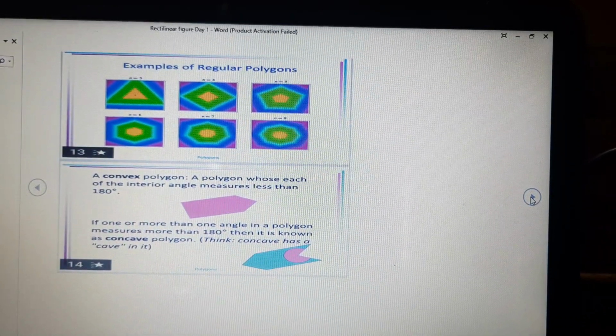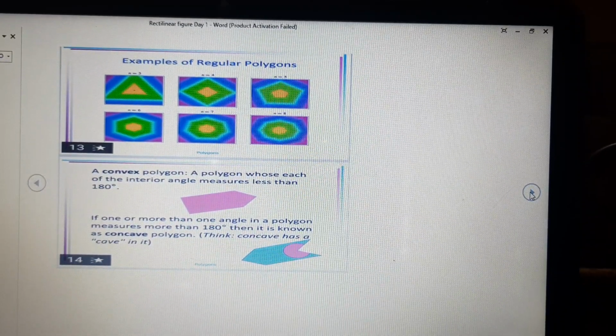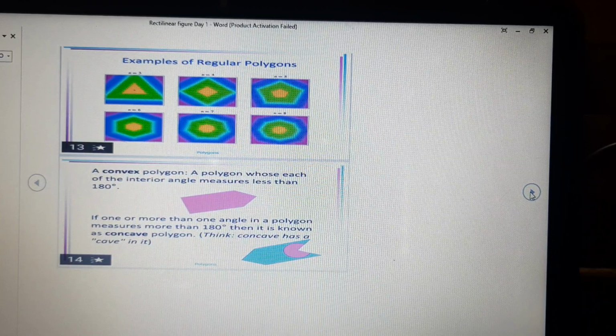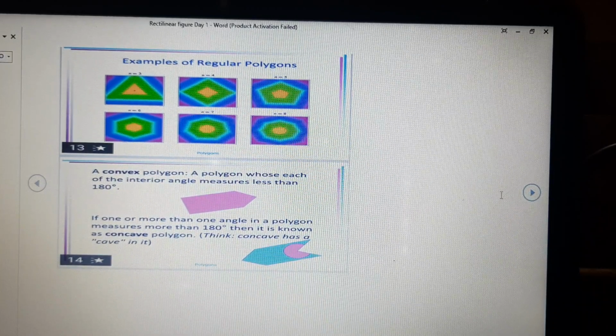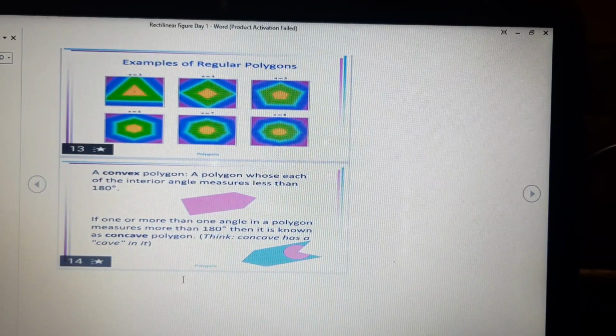Fine. There is one more term, a regular polygon. But before that, I would like to explain that there are two types of polygons: convex polygons and concave polygons.